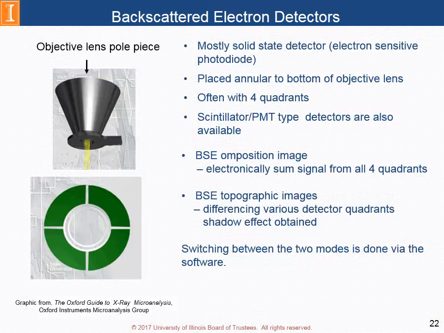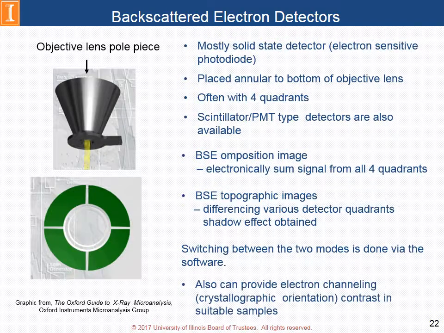Switching between these 2 modes is easy through the software control. The backscattered detector can also provide us electron channeling contrast, which gives us crystallographic orientation information in suitable samples.